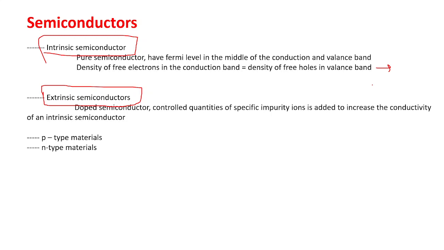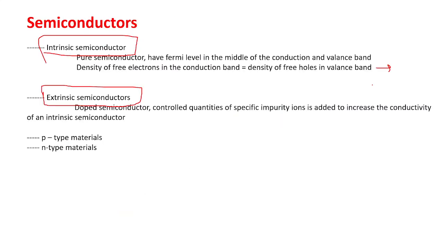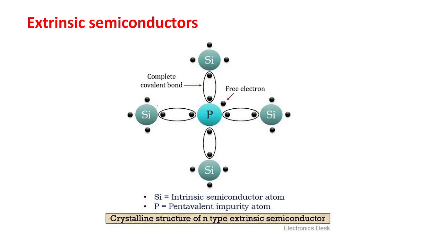Based on what kind of material we are using for the doping, we are able to manufacture p-type materials and n-type materials. So what are p-type and n-type materials? Take silicon, a semiconductor, which has 4 electrons in its outer shell, and we have another external element.